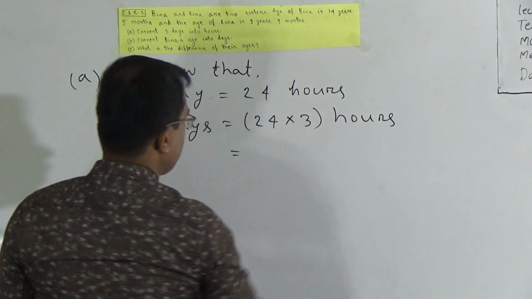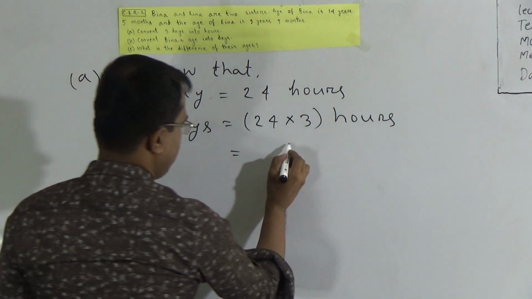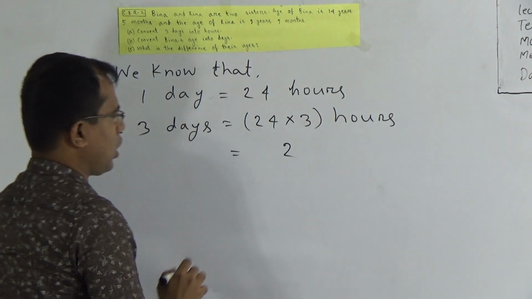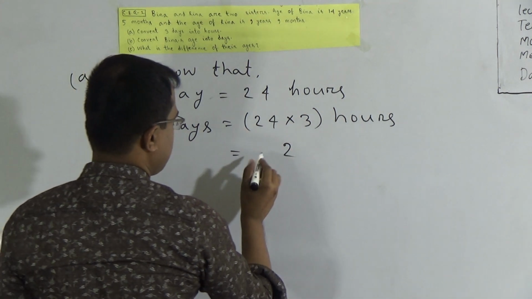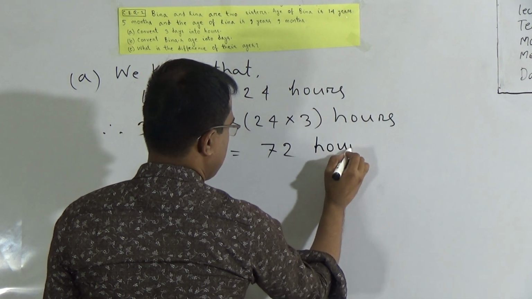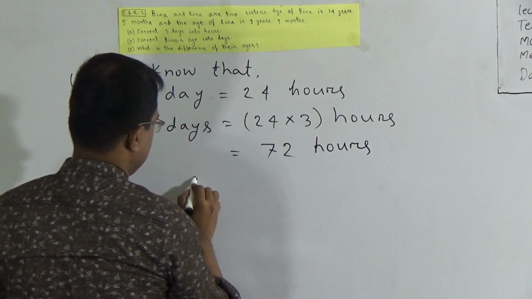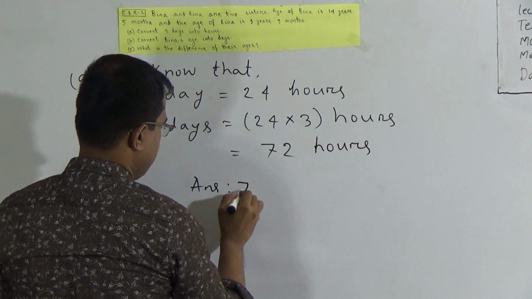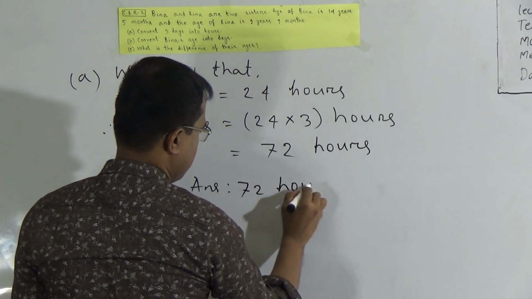Now, 4 3s are 12, from 12 we will write 2 carrying 1. 3 2s are 6, 6 plus 1 is equal to 72. 72 hours, and it is the answer. Answer will be 72 hours.